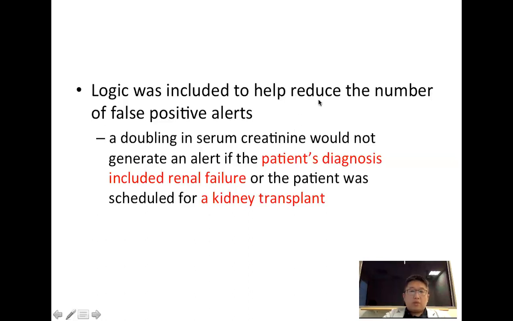Previously I talked about that you can use some simple systems. You just create a critical value if the serum creatinine is abnormal. But you can also go according to the patient's diagnosis, for example renal failure or kidney transplant, because these two types of patients have an elevated creatinine level. That's something common.